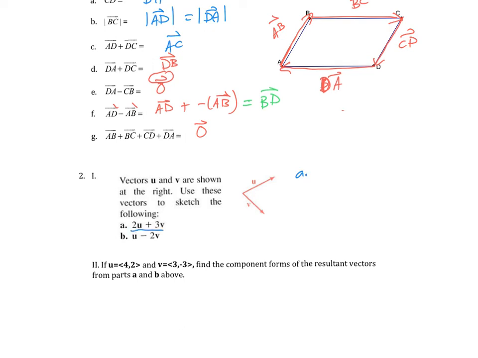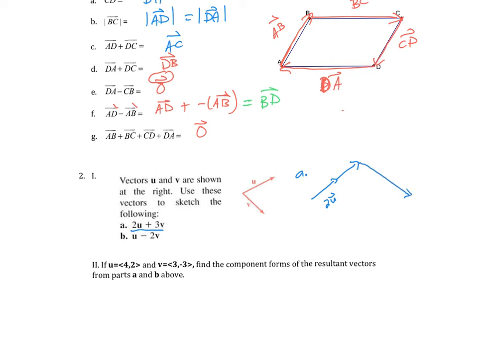So 2U, I'm going to take U, and I'll just sketch it over here. So I can say U, U, U. So this is 3U. And to that, oh, I did it wrong. Sorry. Let's take that back. We only want 2U. So this is 2U plus 3V. So I'm going to take the V vector and make it 3 times as long and about the same angle.